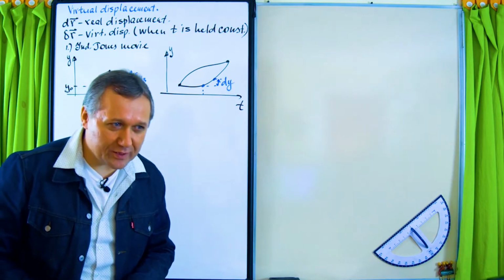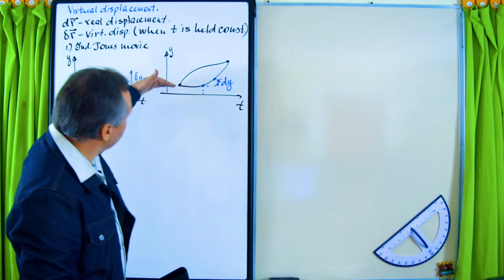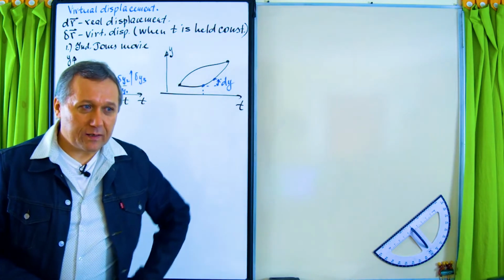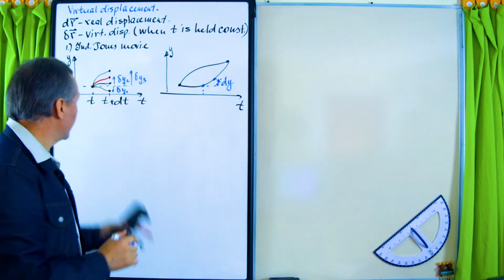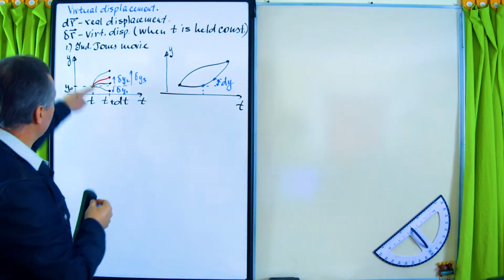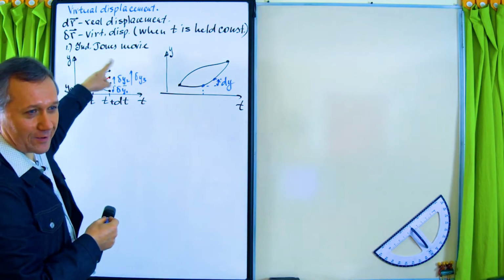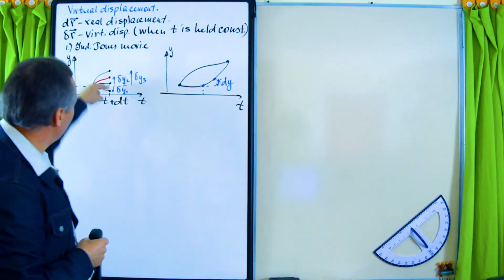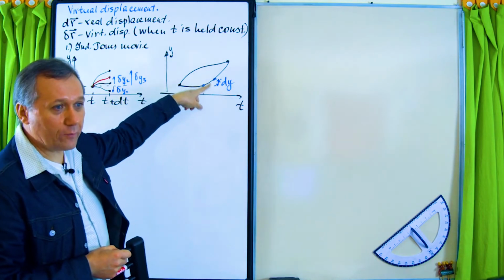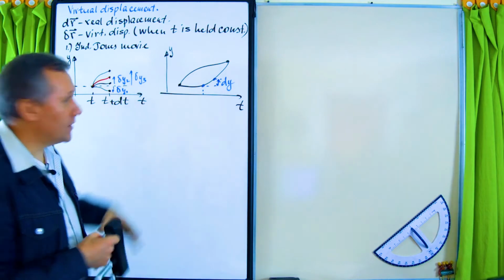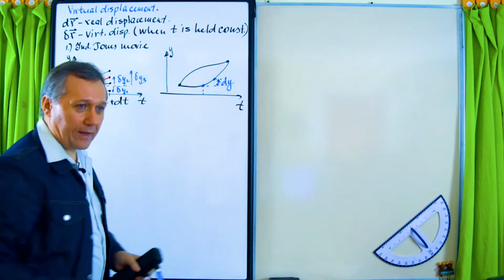But the virtual displacement keeps the system on the same line, on the same function? No, the virtual displacement is like here, you see different realities, different options, and the virtual displacement allows us to jump between them. So virtual displacement will lead us from this line to that line.